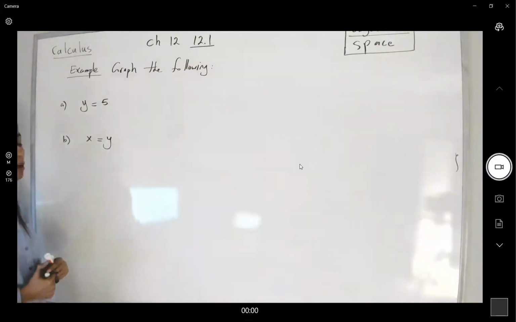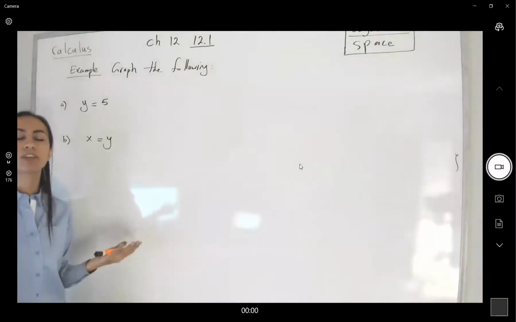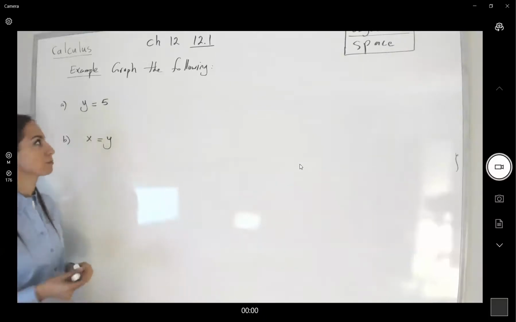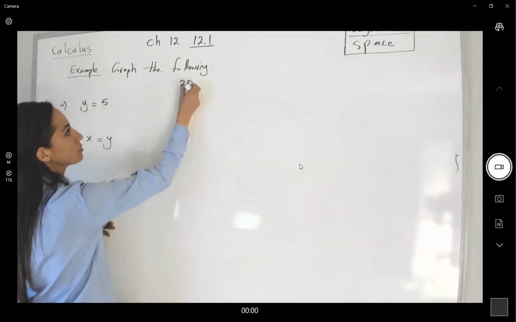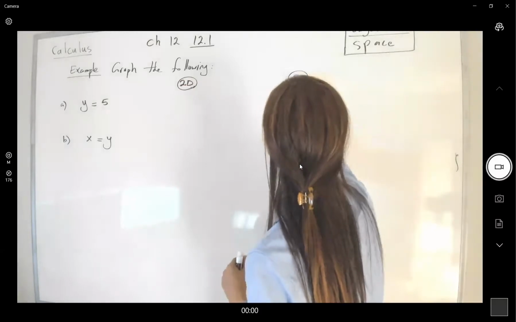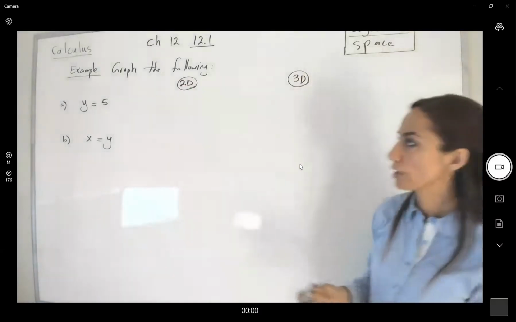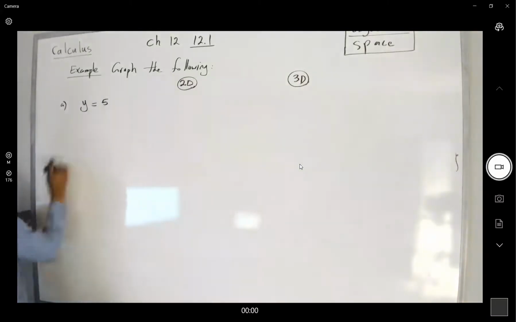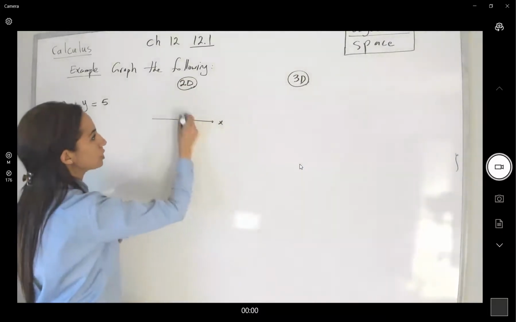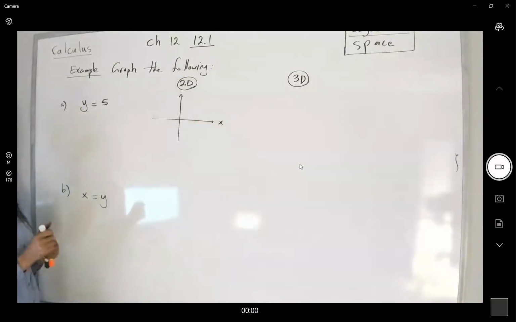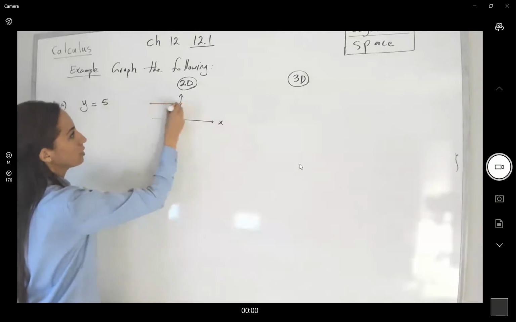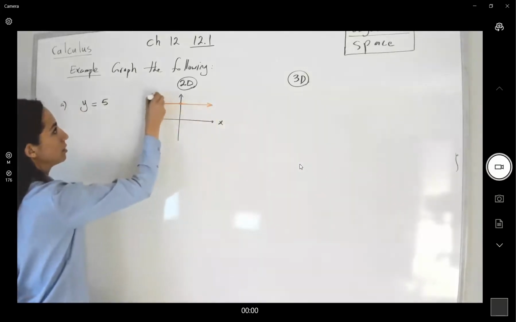Well, when it comes to graphing, you need to know which space you're working with. Is it a two-dimensional space or is it a three-dimensional space? In 2D and in 3D, we are dealing with different formats. For example, when it comes to y equals 5, in 2D, you have x-axis, you have y-axis, and you know that y equals 5 is just a horizontal line.